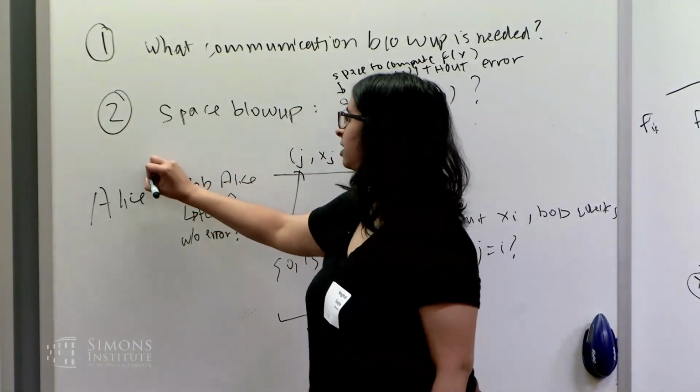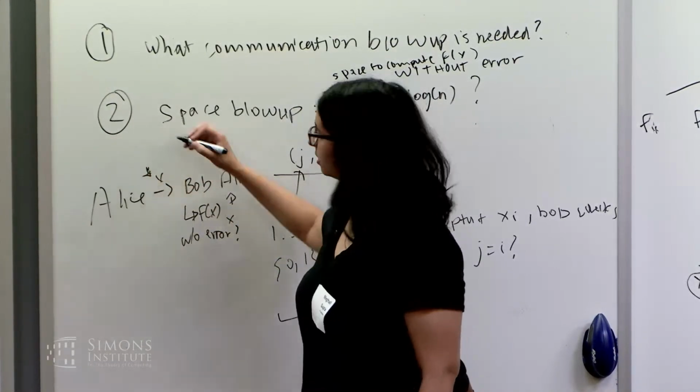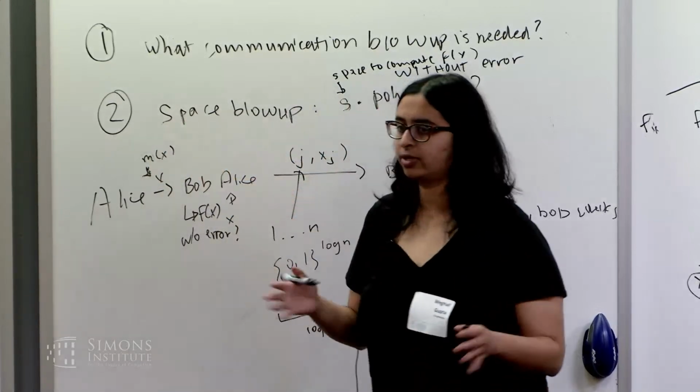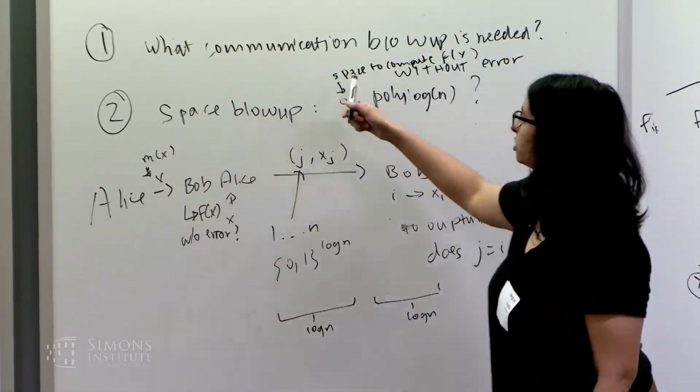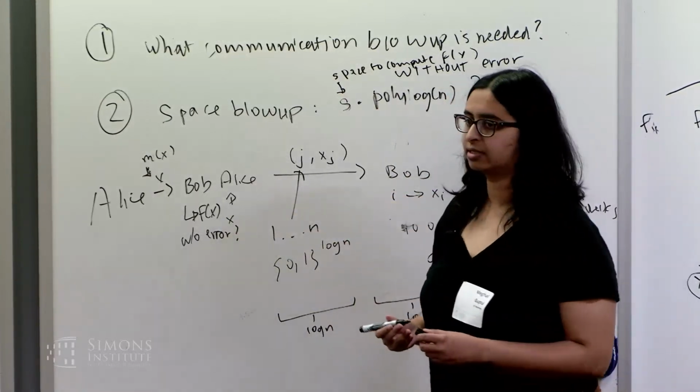Even in this setting, Alice is allowed to potentially encode her message into some different message m of x. But the point is there's no error. So S is just the space needed for Bob to compute f of x in the setting without error.